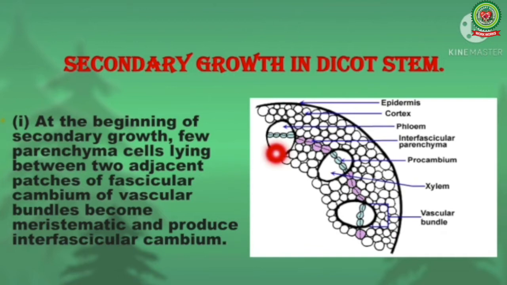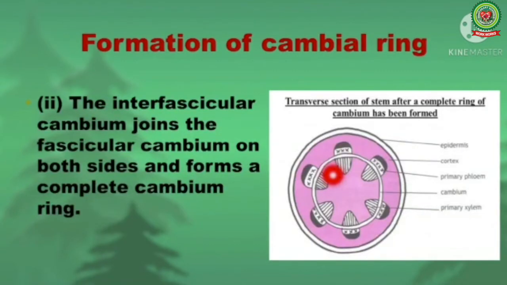During secondary growth, a few parenchyma cells lying between two adjacent patches of fascicular cambium of vascular bundles become meristematic and produce interfascicular cambium. Both the intrafascicular cambium and interfascicular cambium unite together to form a complete ring called cambium ring. The activity of the cambium ring gives rise to secondary growth.